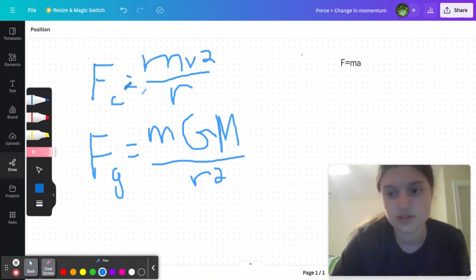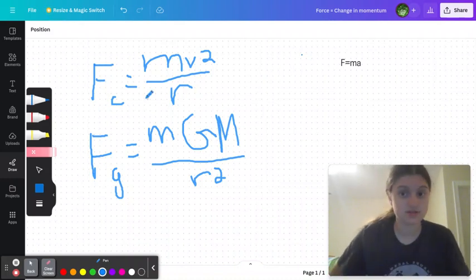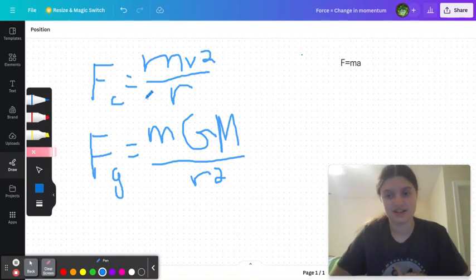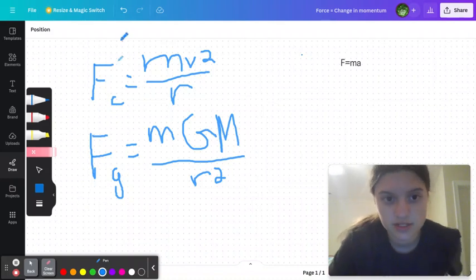Now, the mass is always going to be the same, because if the moon's orbiting, the moon has the same mass as the moon, no matter what the moon is moving around. Same mass.